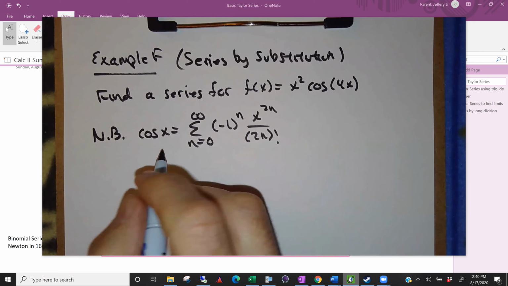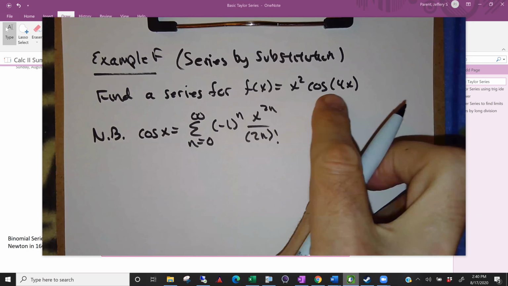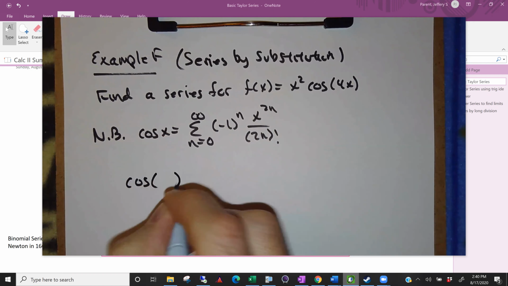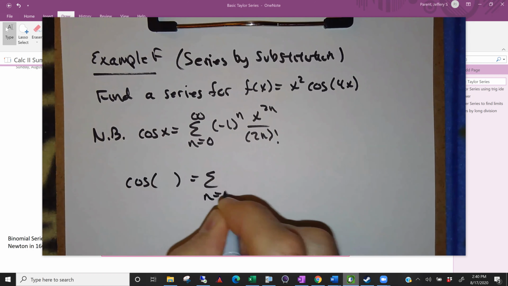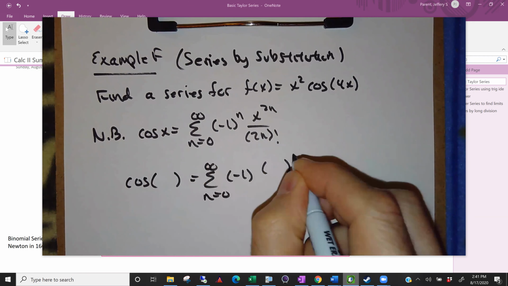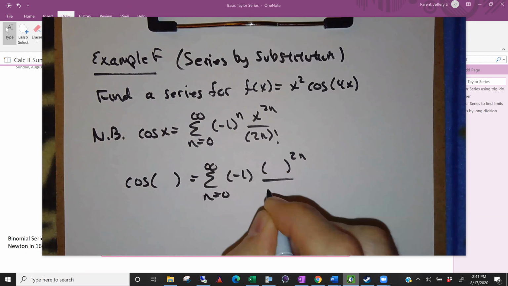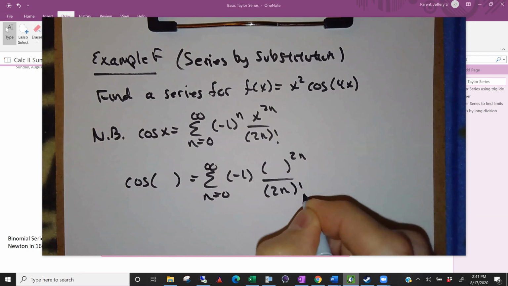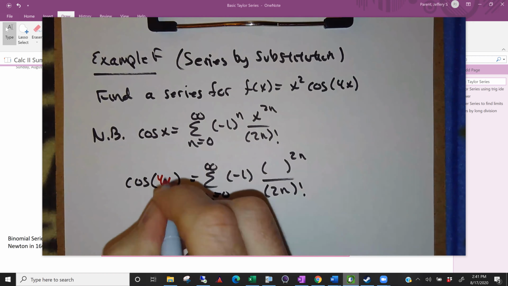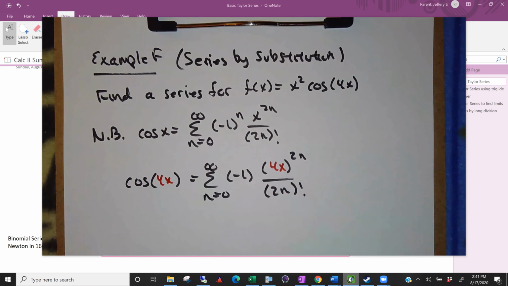Okay, but we don't want cosine of x, we want cosine of 4x. So cosine of 4x, sum from n equals 0 to infinity. What we'll do is substitute in that 4x. So here we go, 4x, and that should be to the nth power for that one here.